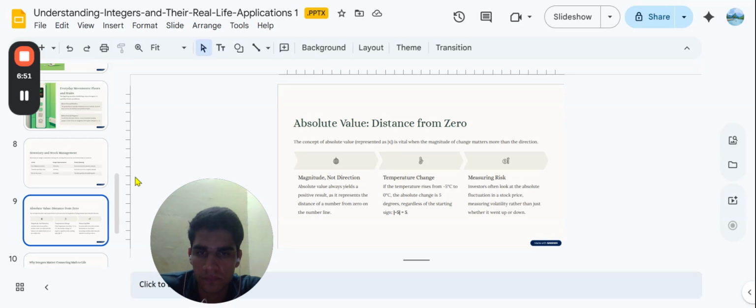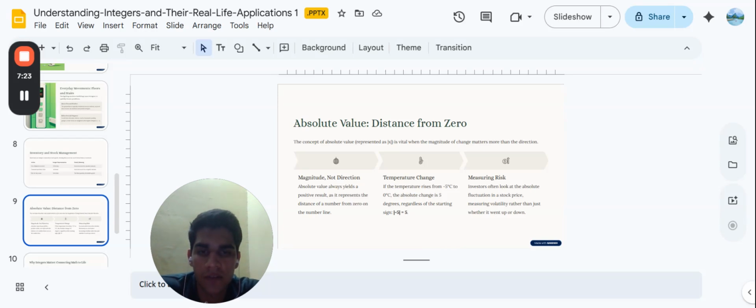Absolute value, distance from zero. We use absolute value, the modulus of x, to represent the magnitude of change, but we are not concerned with the direction. So absolute value yields a positive result. It is more about the change in magnitude. For example, the change in temperature. Here it is given that temperature rises from -5 degrees to 0 degrees.